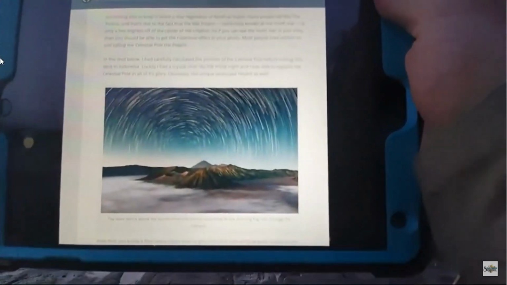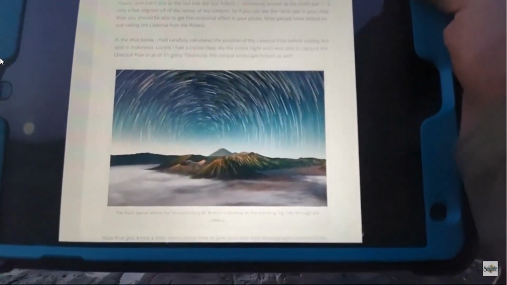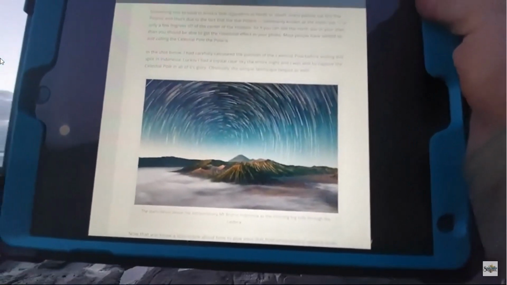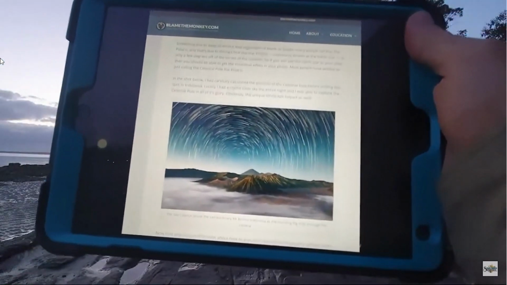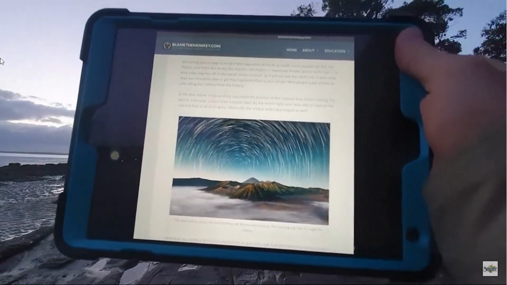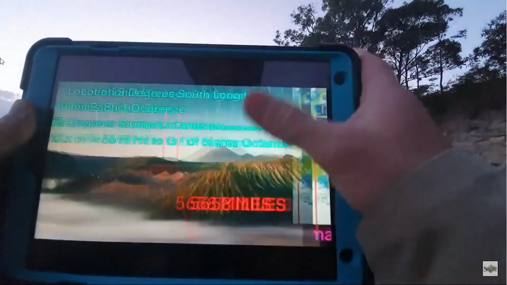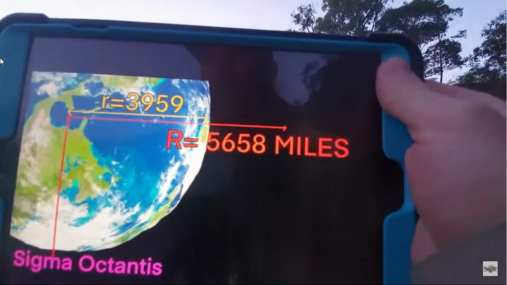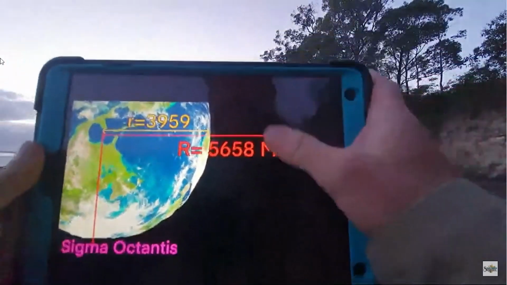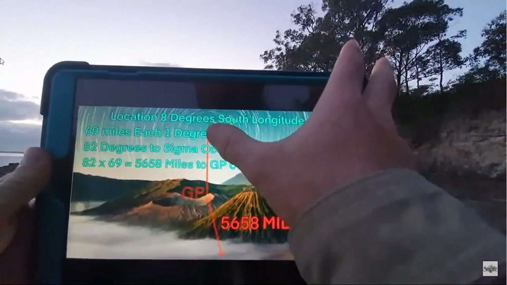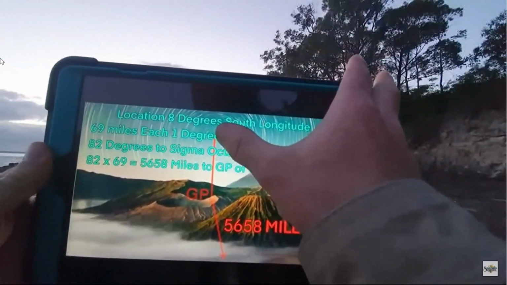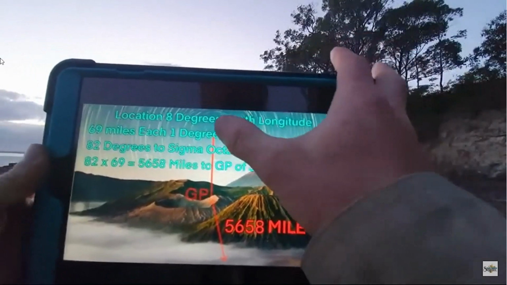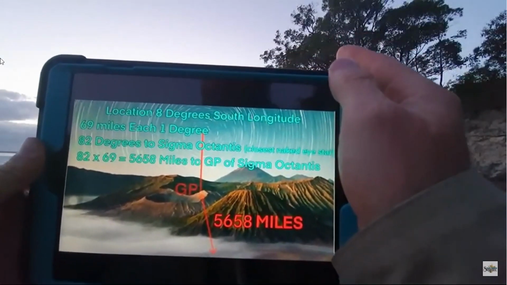This is not Polaris. Yeah? I do direction. I'm 180 degrees wrong. Well, how wrong are you guys when we calculate how far away the center of that photo is the Sigma Octatus, yeah, or the closest naked eye star to the center of that rotational point?